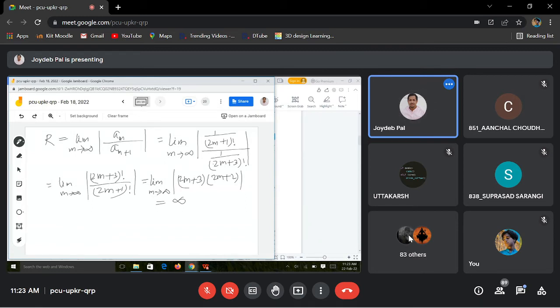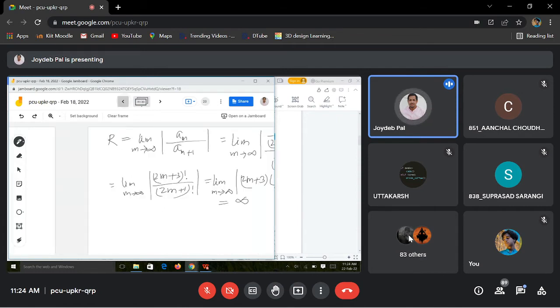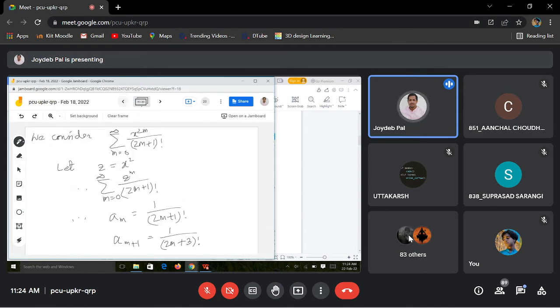Okay, now R is equal to infinity means the interval of convergence becomes minus infinity to plus infinity. What does it mean here? For all values of x the series converges. That is a big fact. All real values of x, for all those values this series converges.